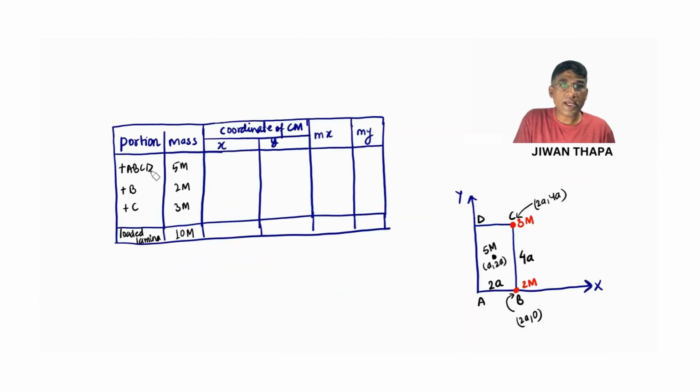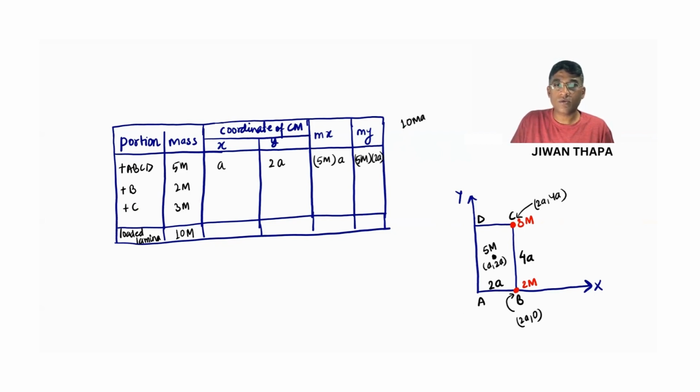Now, the x coordinate of mass 5m is A and its y coordinate is twice A. Let's multiply mass 5m with x. So we have 5m times A, and let's multiply mass 5m with twice A, that is y coordinate. So we have 5m times twice A. We can write after simplification also directly in this way, 10ma.